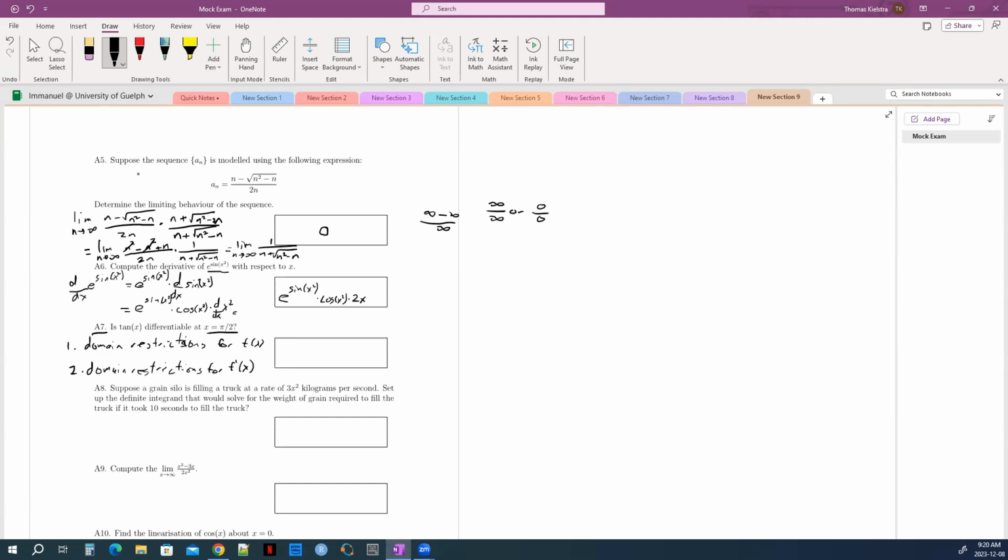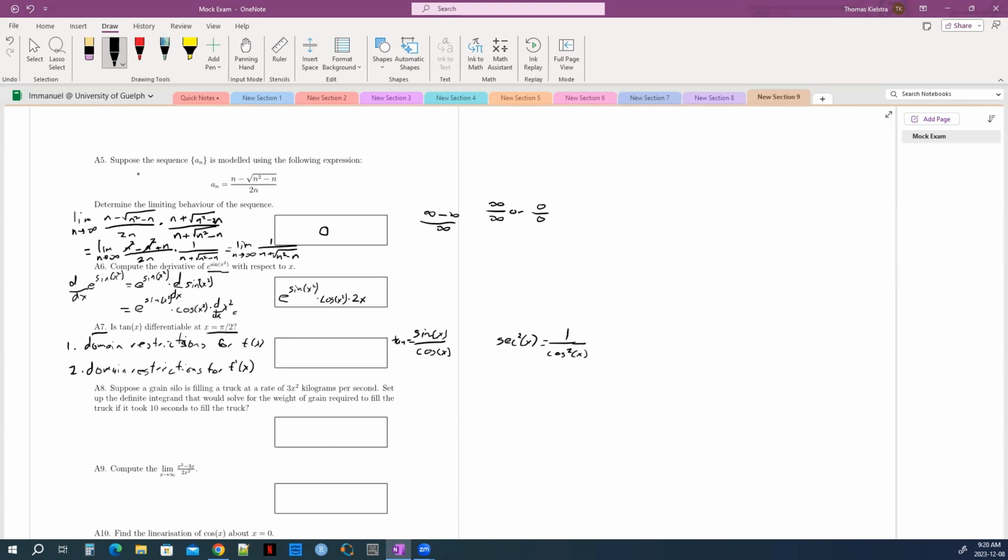So here, tan is sine of x over cos of x. And the derivative is secant squared of x, which equals 1 over cos squared of x.